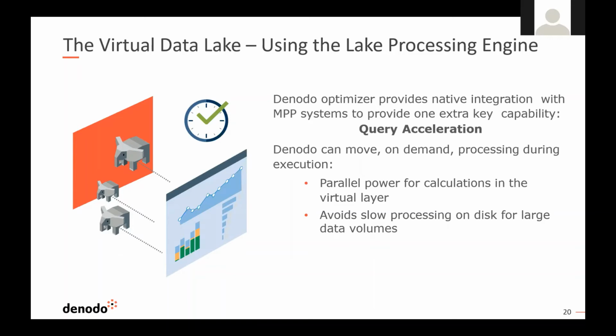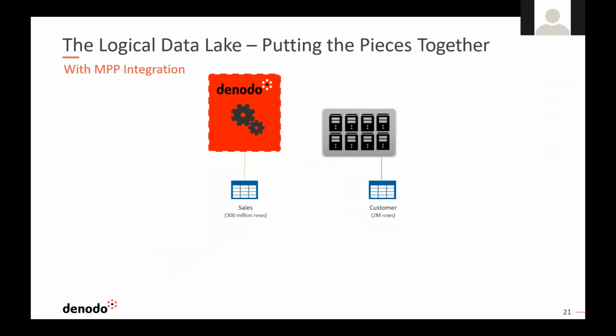The Denodo Dynamic Cost Optimizer can, in fact, on demand, coordinate the processing with the different capabilities within your information landscape in order to reduce the amount of latency and so make that data highly available. We just quickly look through how Denodo can in fact use the external processing engines, such as an MPP engine like Hadoop.